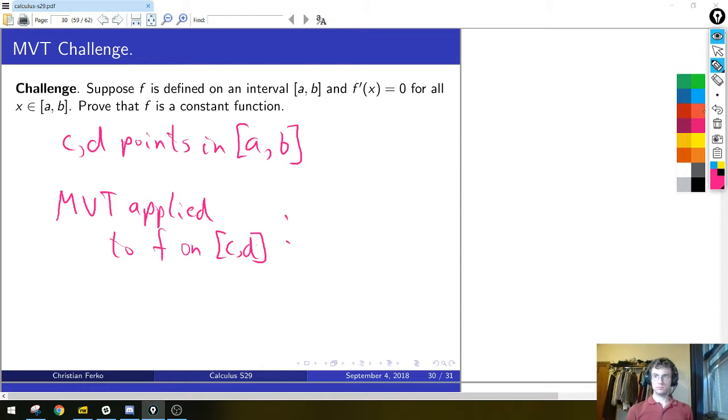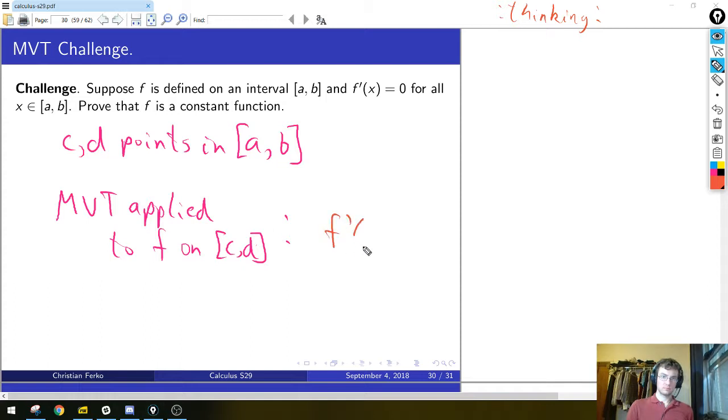It would seem by the mean value theorem, going straight from the definition, that we have that f prime of x is going to be equal to f of d minus f of c over d minus c, I believe.